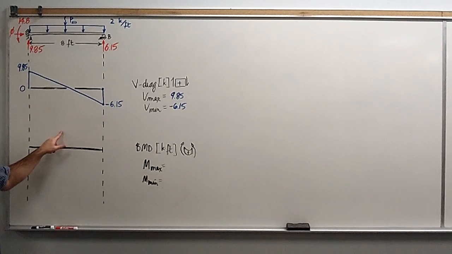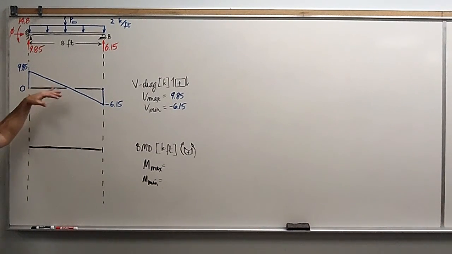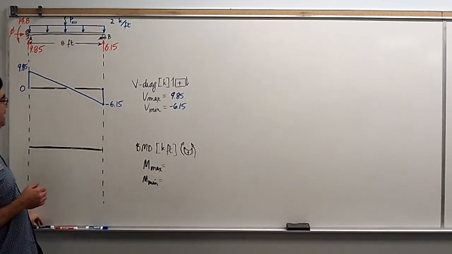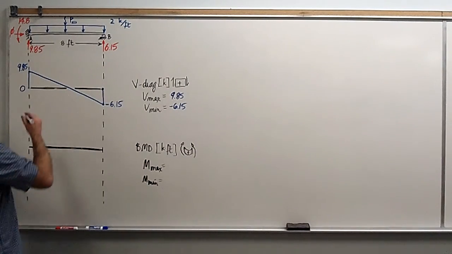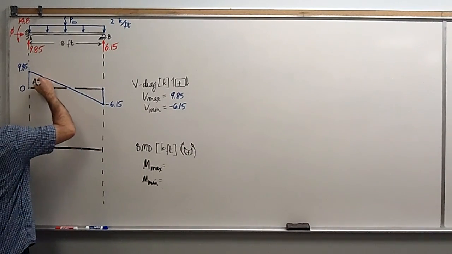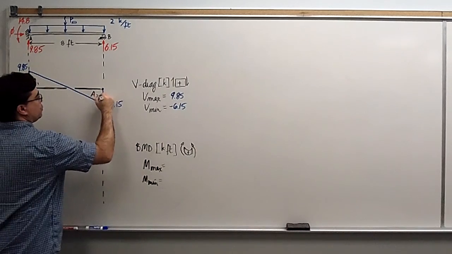Okay, to get to the bending moment diagram, the key word is area. Remember that? As long as we can find the areas of all the shapes that appear in the shear diagram, we can do the bending moment. So let's do that. I identify 2 areas here. There's this area 1 right here, and this area 2 right there.